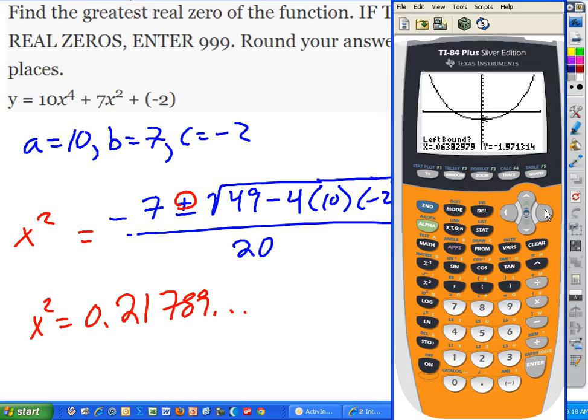There's my right boundary. And there's the guess. Okay, it tells me the same thing, 0.467. That's easier, I think it is easier. The one problem you might have to deal with using the graph would be, what if the graph didn't show up well at first? Then you have to mess with the window until you can see it. So I mean, they're both, take your pick.